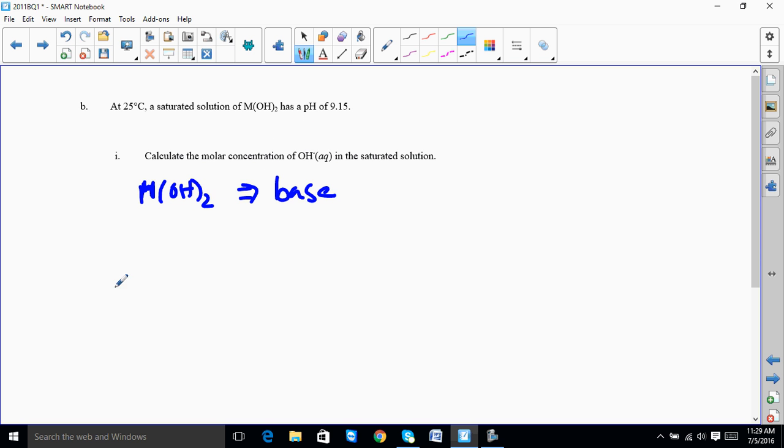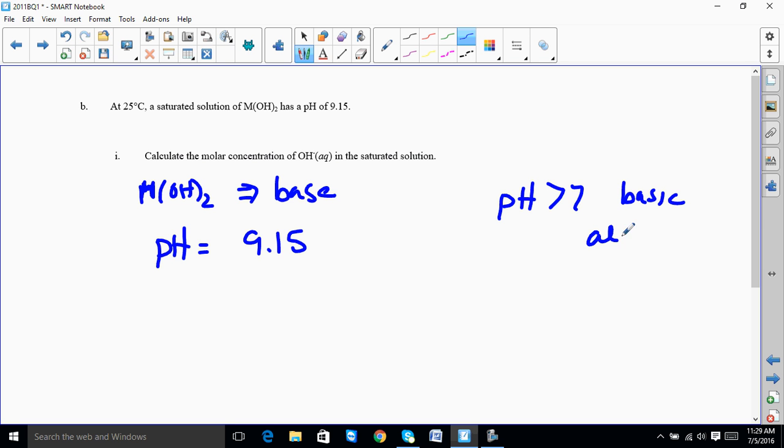So if the pH is 9.15, that is obviously basic, because if the pH is greater than 7, it's basic, or a synonym for that is alkaline. If the pH is less than 7, it's acidic.